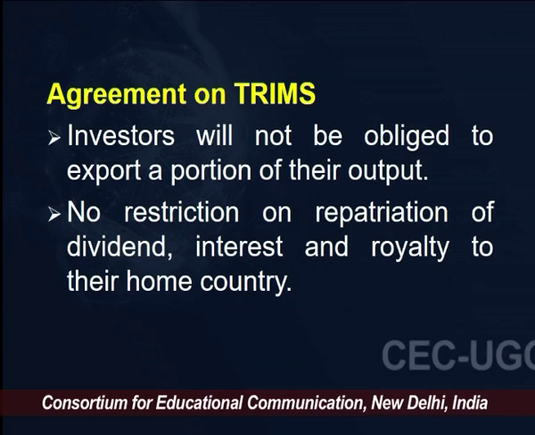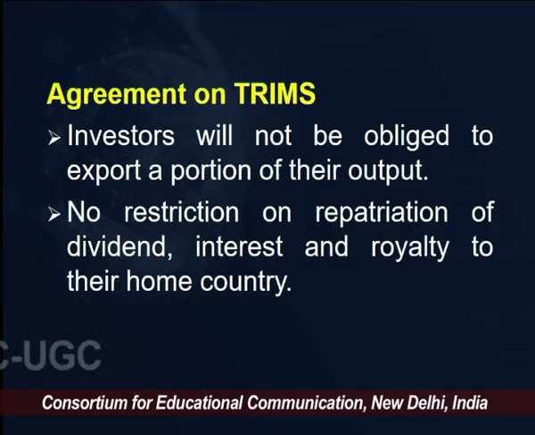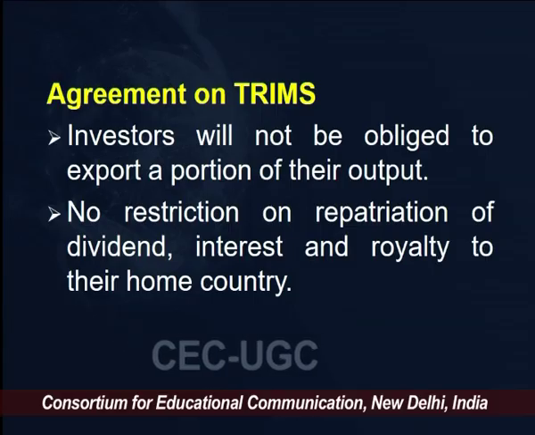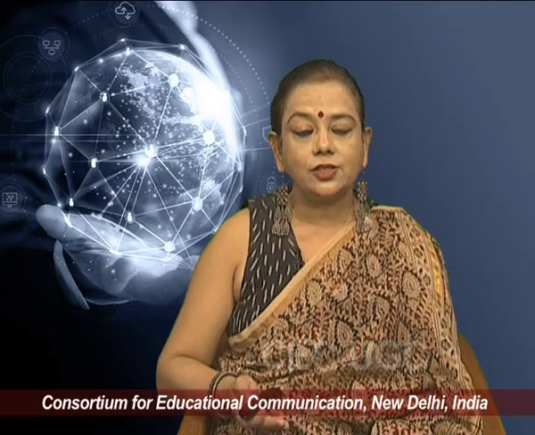There is no restriction on repatriation of dividend, interest and royalty to their home country. Though many countries have restrictions on repatriation of foreign exchange, dividend, interest and royalty, under the umbrella of WTO this type of agreement is there under TRIMS.